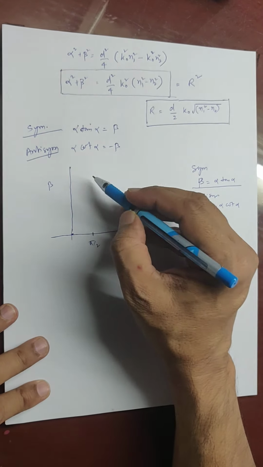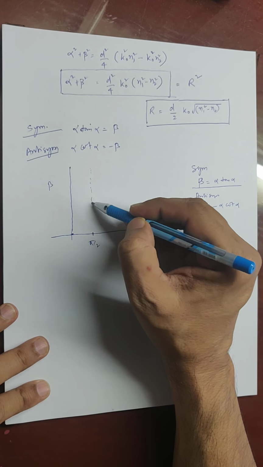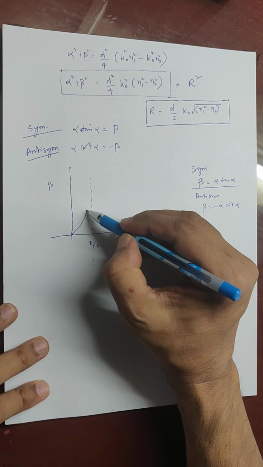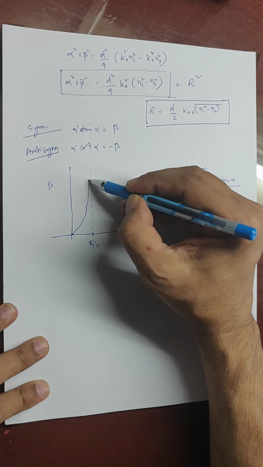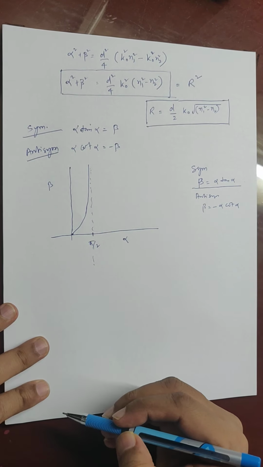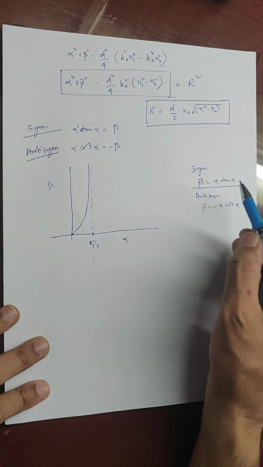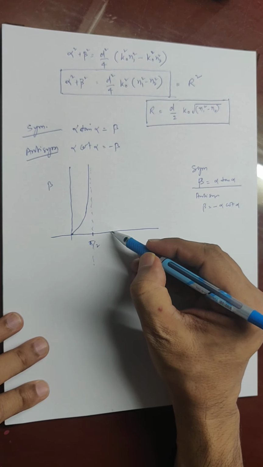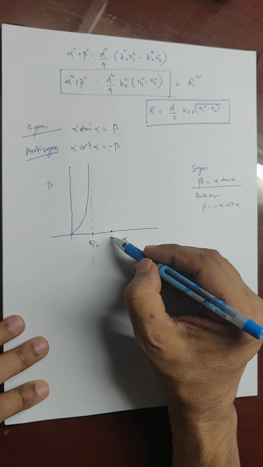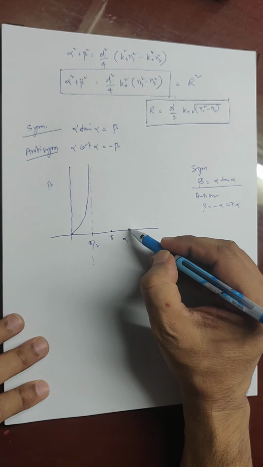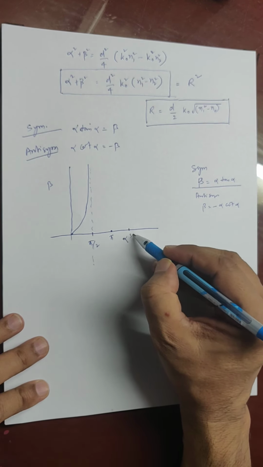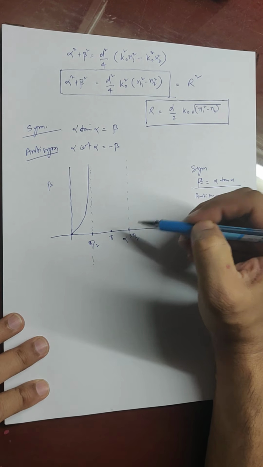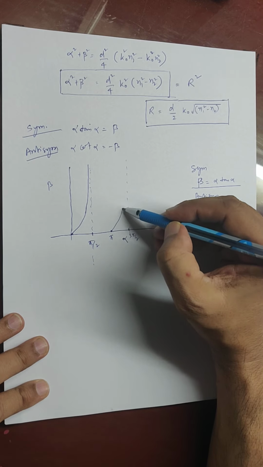So it is 0 over here, but at alpha equal to pi by 2, this should go to infinity, like this. Again, the same starts from minus infinity, it would come to 0 at pi, and when it becomes 3 pi by 2, it would again become infinite. So the curve would be like this.